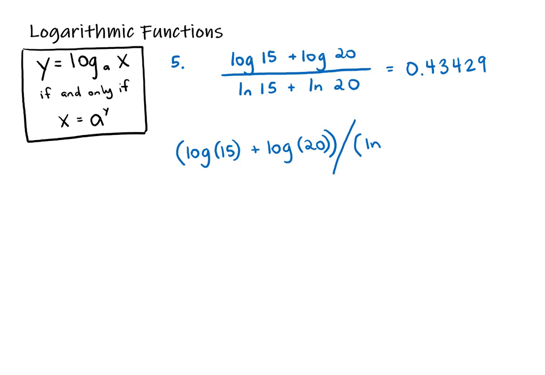Then I write ln of 15 plus ln of 20, and then I close my denominator. So that's what you should have typed into your calculator if your calculator is as old as mine. Some of you have newer calculators where it will display it so you can see the fraction and you know which part of the fraction you're putting it on, which is great. It's wonderful. But if you don't have that and yours is more like mine, you have to be careful on the way you type it in. And if you write it incorrectly, you're going to get the wrong answer.